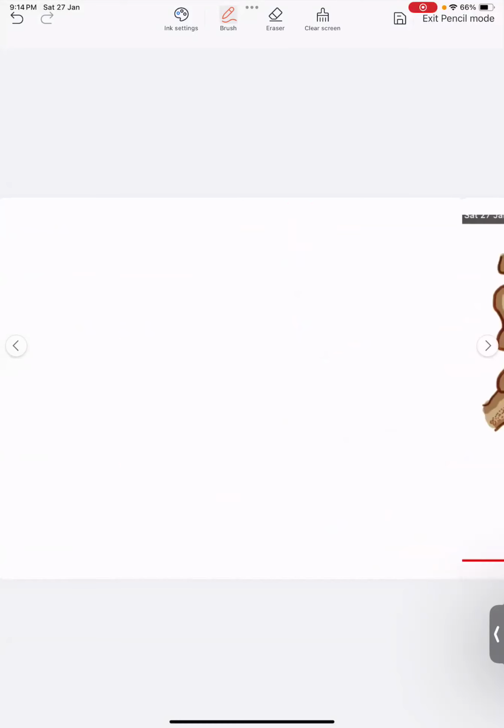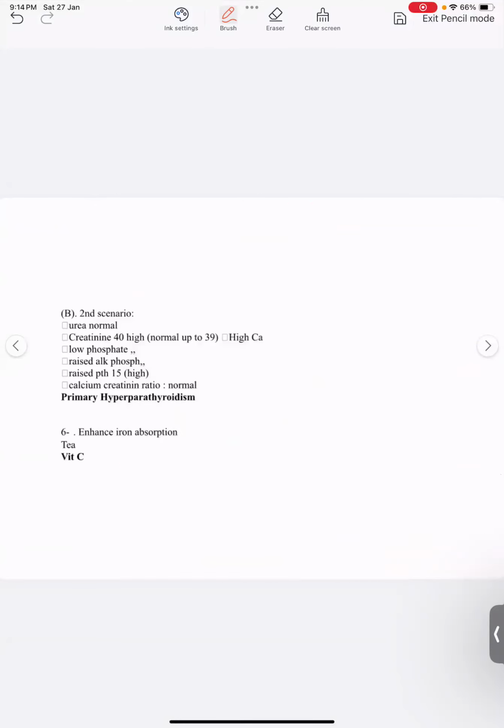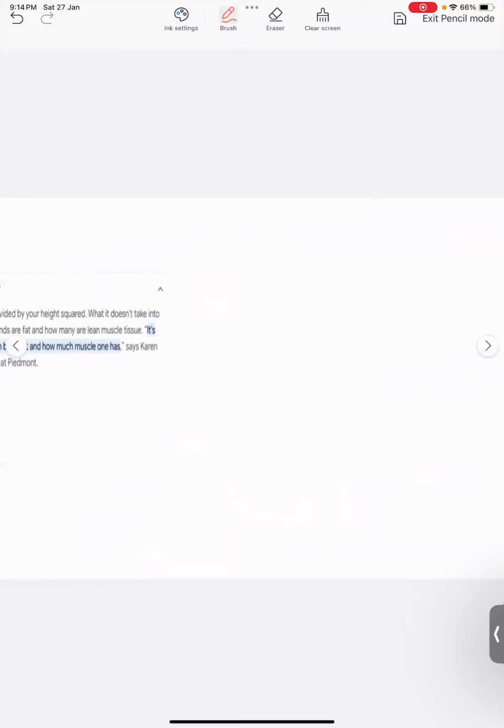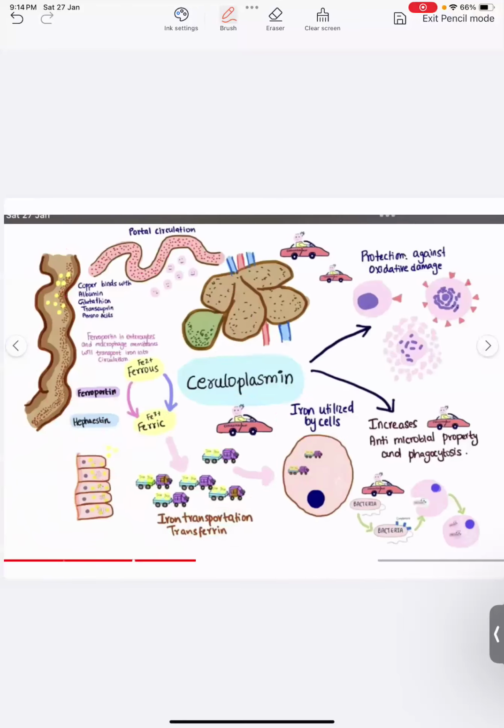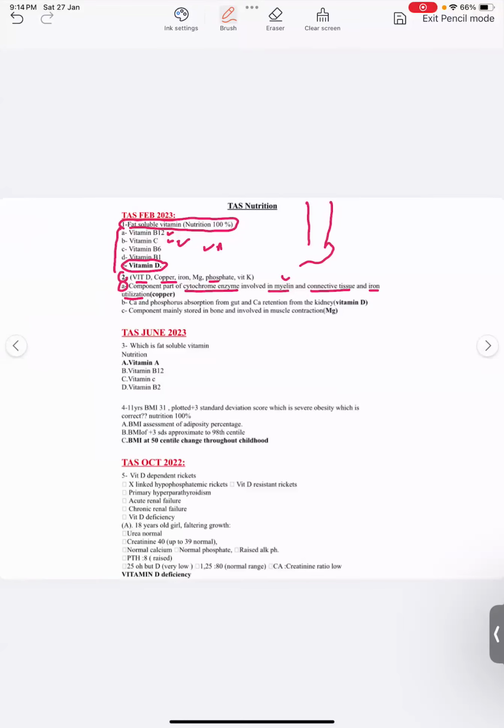Okay, if we talk about the different enzymes, if I have taken the picture, there are different enzymes where copper is the main regulatory part of those enzymes, which are being formed and utilized in the iron utilization, even in the electron transport chain and in the formation of the melanin.